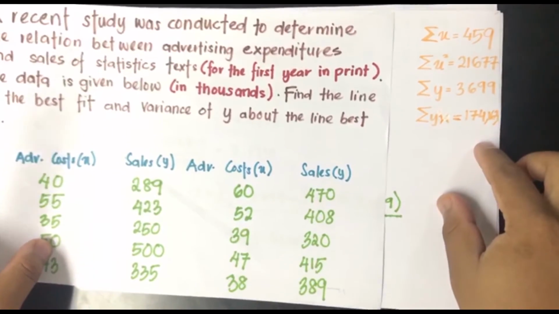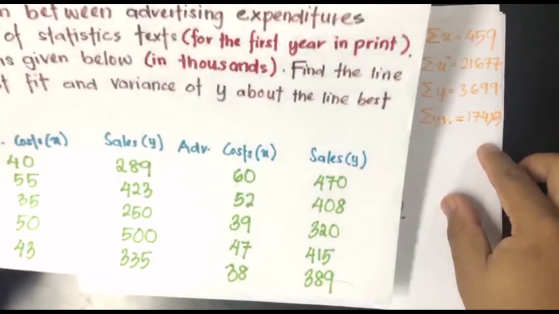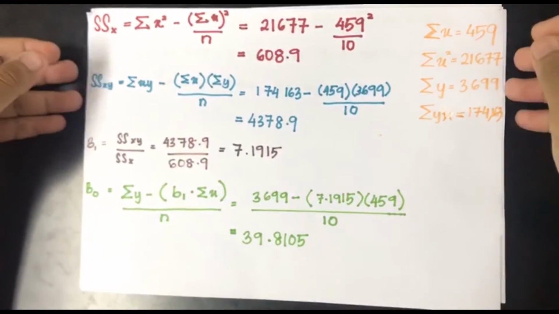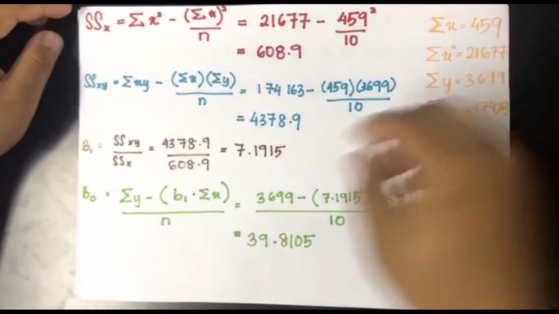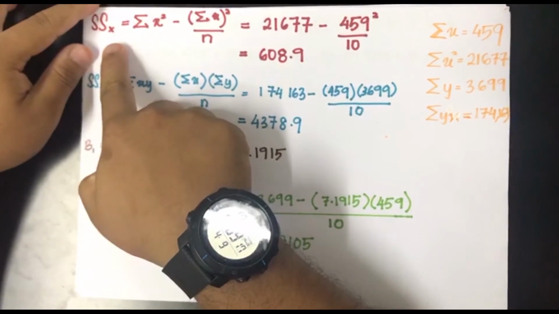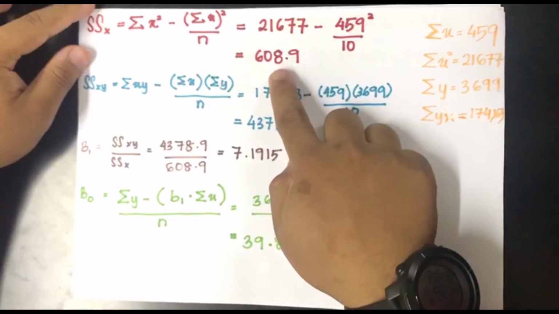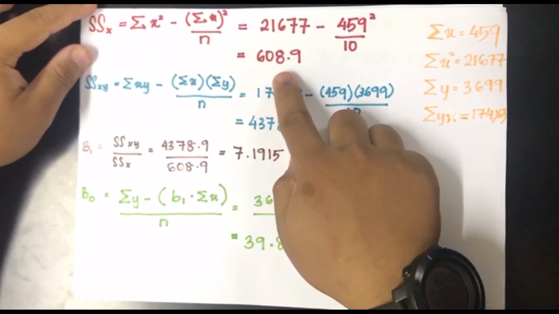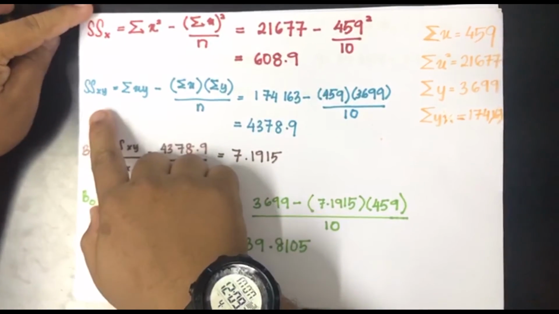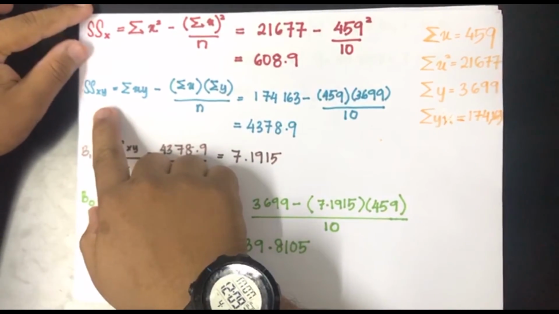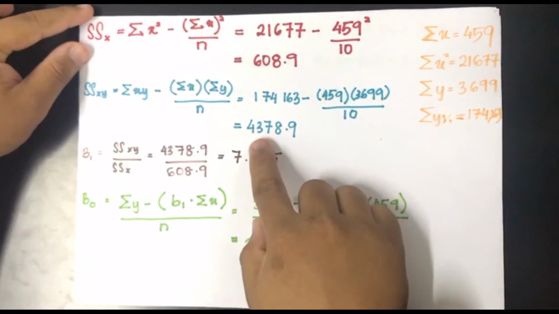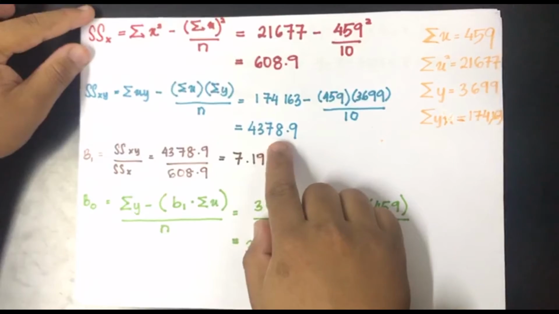So, to calculate the line of best fit and the variance, we must find the SSx. Using the earlier equation, we get 608.9, and next we must calculate SSxy. Using also the earlier equation, we get 4,378.9.